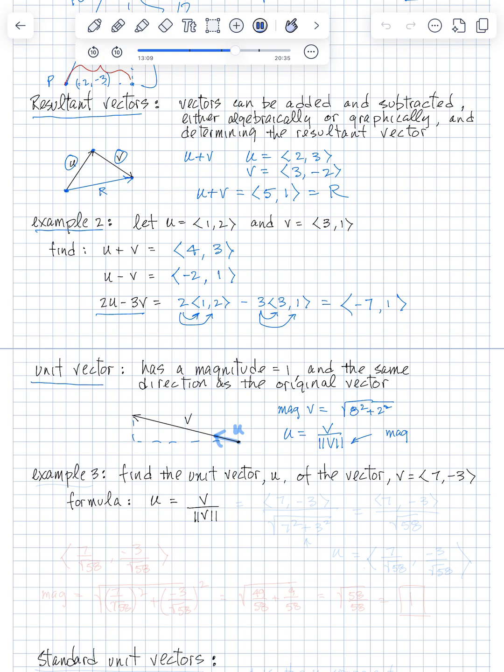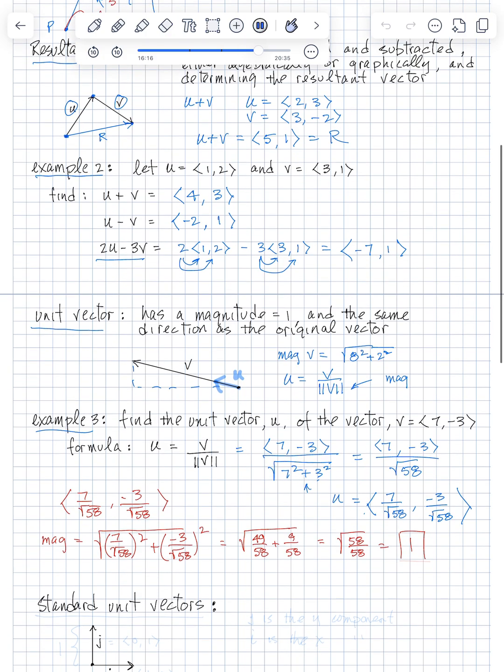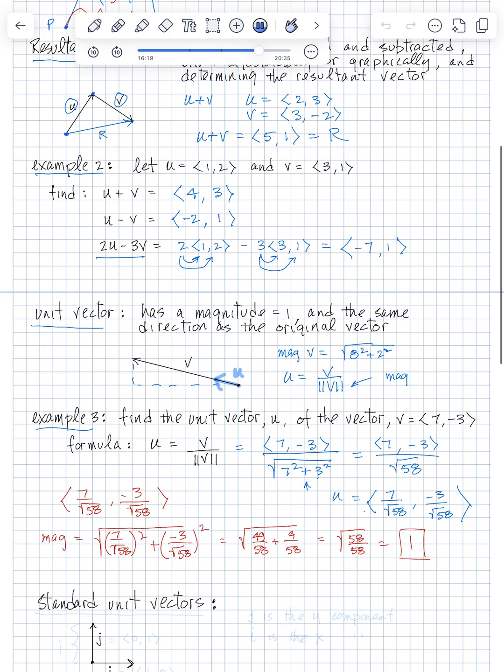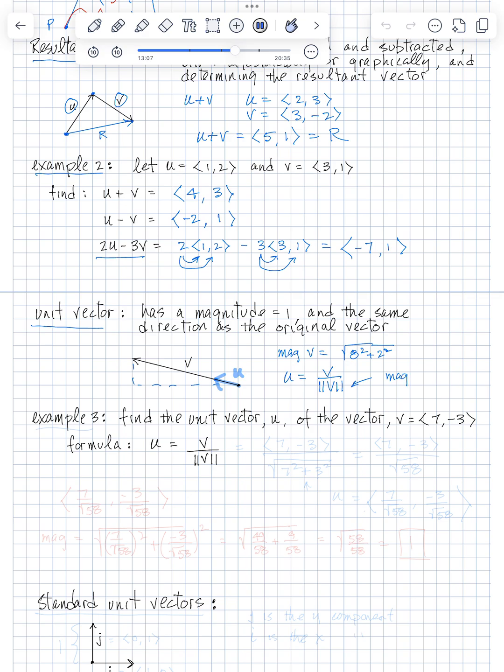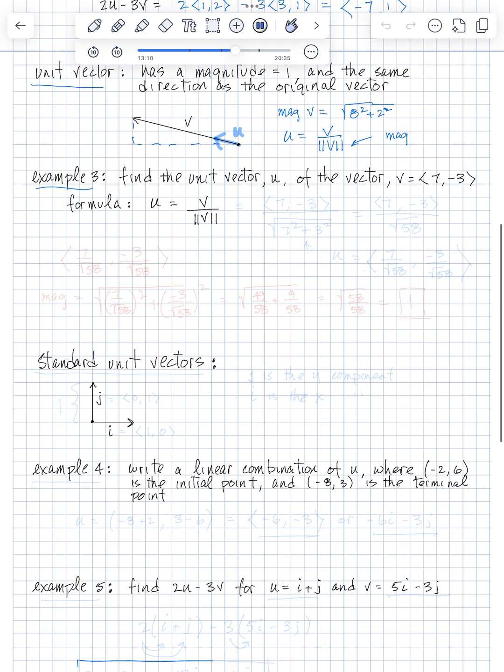Okay, so let's go to example 3. Find the unit vector u of the vector v, which is 7, negative 3. So we just put it into the formula. The vector v is 7, negative 3. And the magnitude is just the square root of 7 squared plus 3 squared.